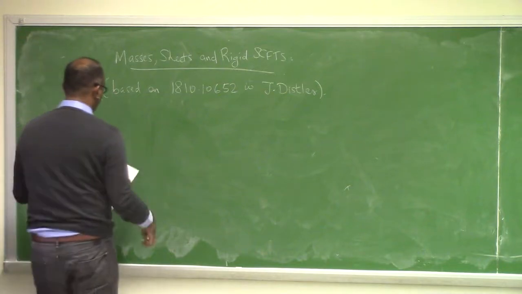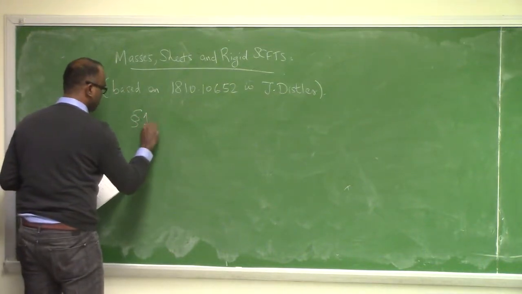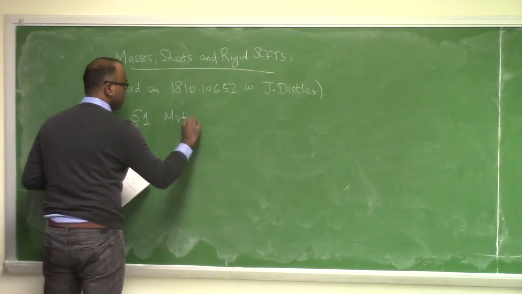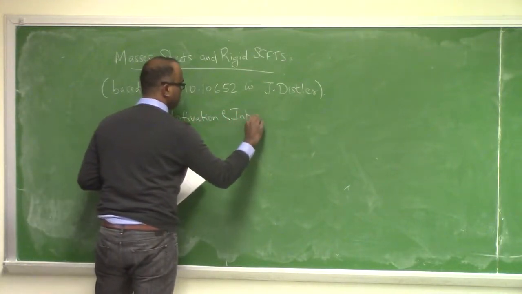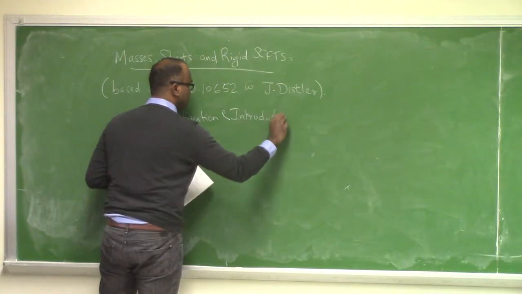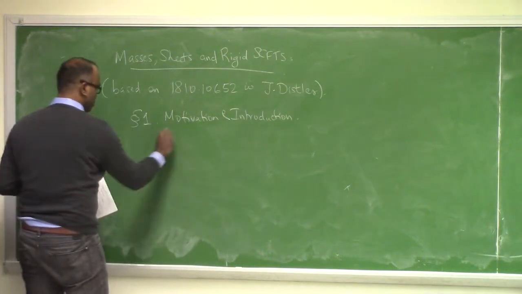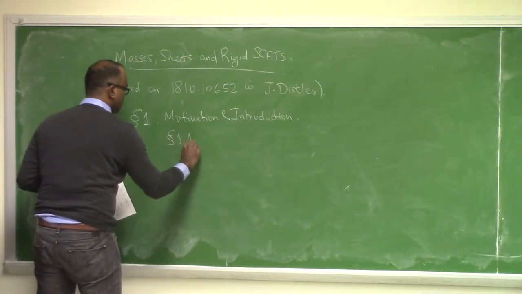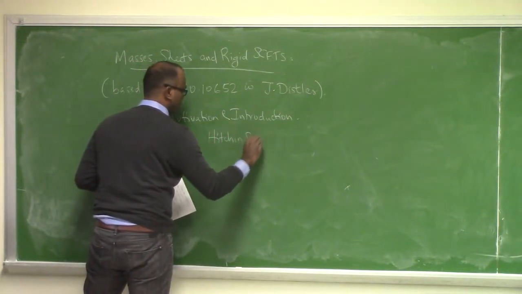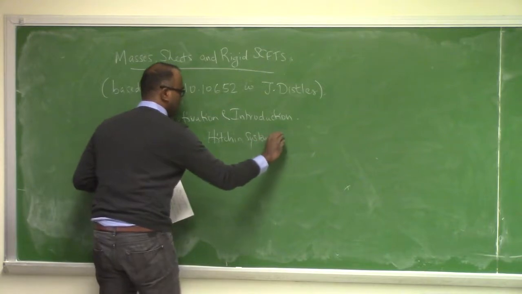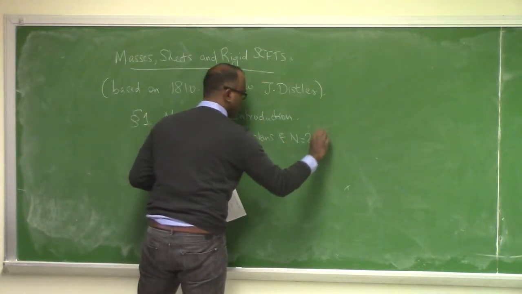So I'll start my talk giving some motivation and setting up the problem. The basic setting will be the relation between Higgs systems and n equals 2 theories.